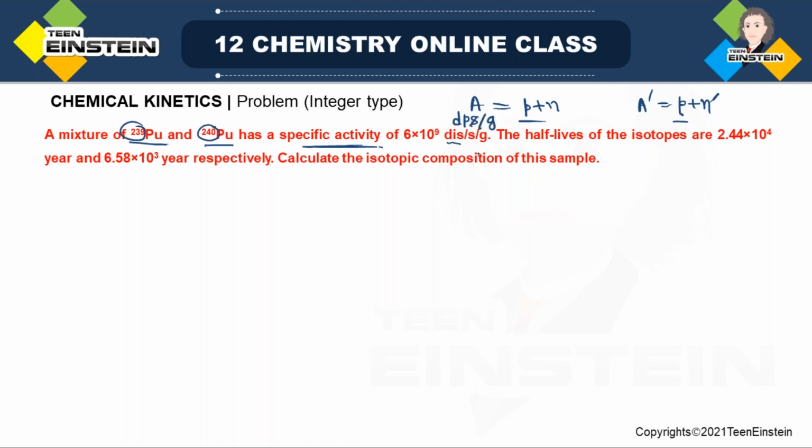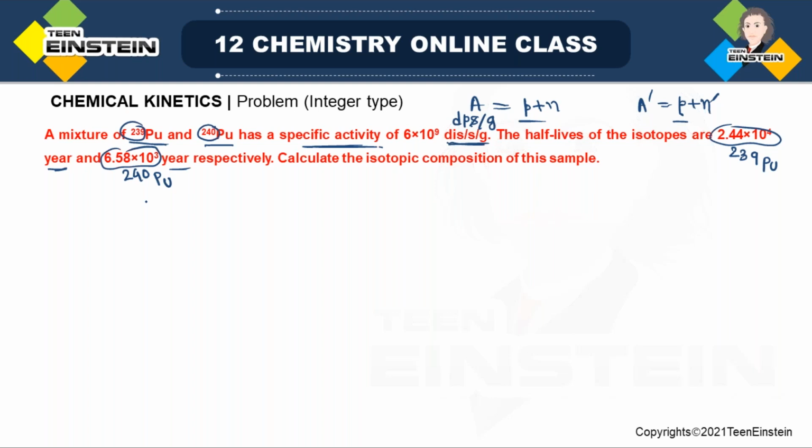Half-lives of the isotopes are given, the first for 239 Pu and the second for 240 Pu. Look at the values. These are very high numbers and expressed in years. We have to be careful because specific activity is mentioned in dps, that means per second, but half-life is given in units of years. So we have to do unit conversion, year to second.